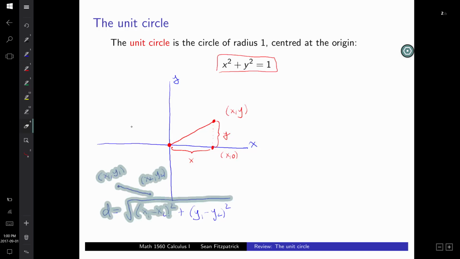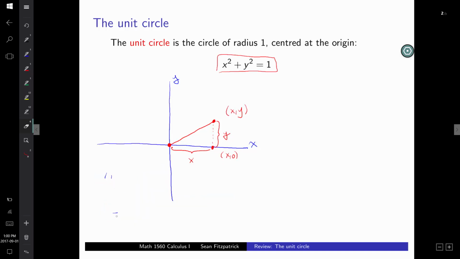Now, let me get rid of this. We don't really need it. Let's draw that circle. What does that circle look like if I draw it in? Well, it looks something like this. It's not a great circle, I admit it. My whiteboard circles are much better than my computer circles.